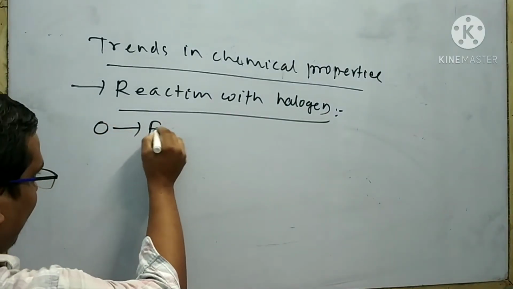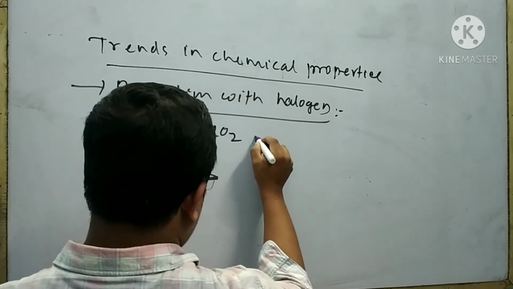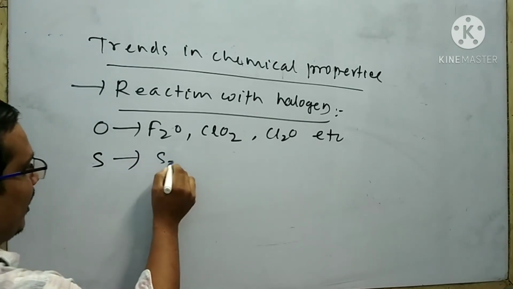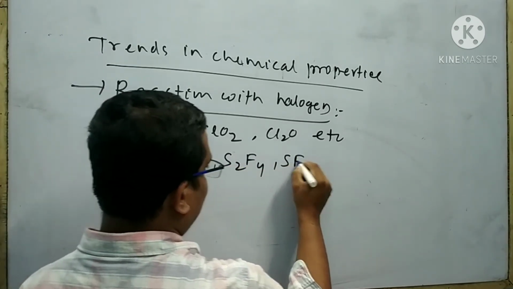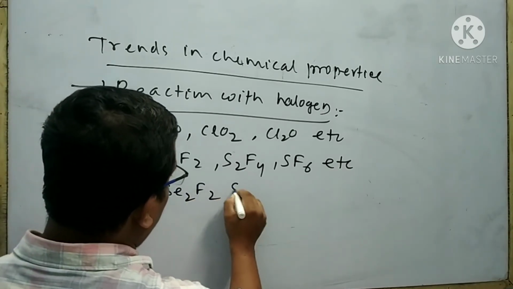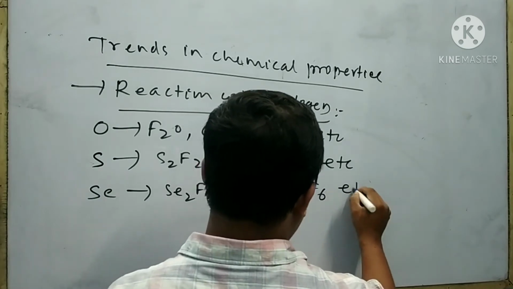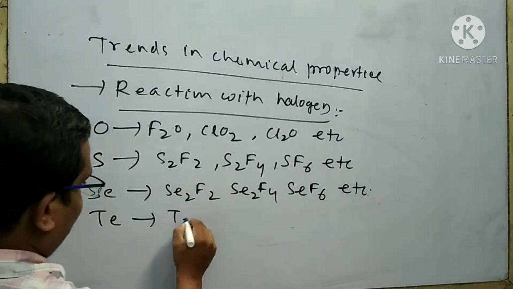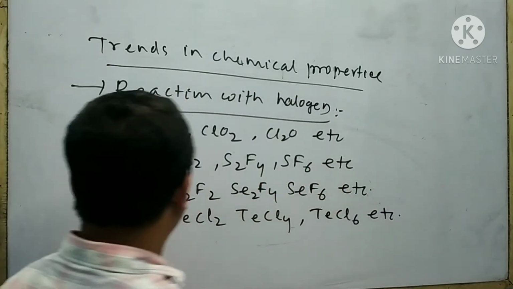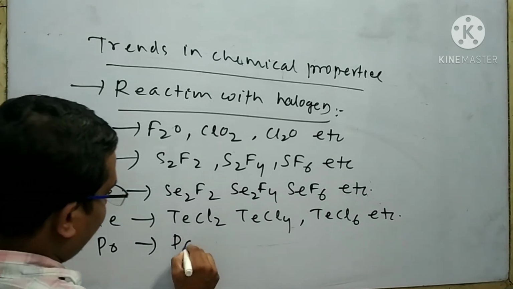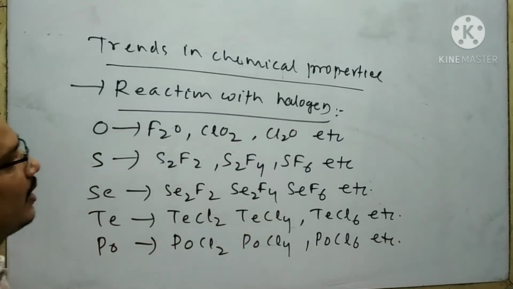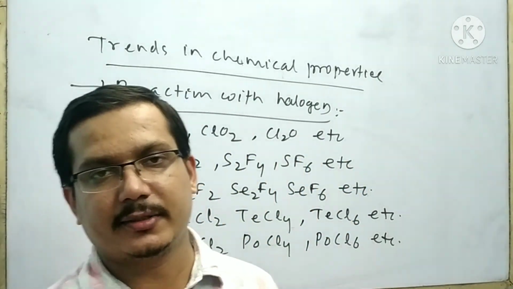Oxygen can form halides like F2O, ClO2, Cl2O, etc. Like oxygen, sulfur can form halides like S2F2, SF4, SF6, etc. Like sulfur, selenium can also form Se2F2, SeF4, SeCl4, SeF6, etc. Tellurium can form TeCl2, TeCl4, TeCl6, etc. Polonium can also form PoCl2, PoCl4, PoCl6, etc. These are the halides of group 16 elements.